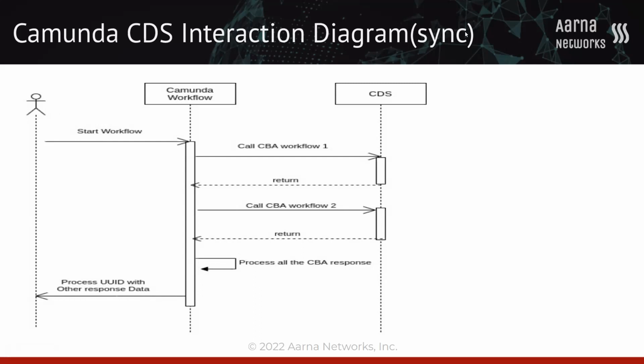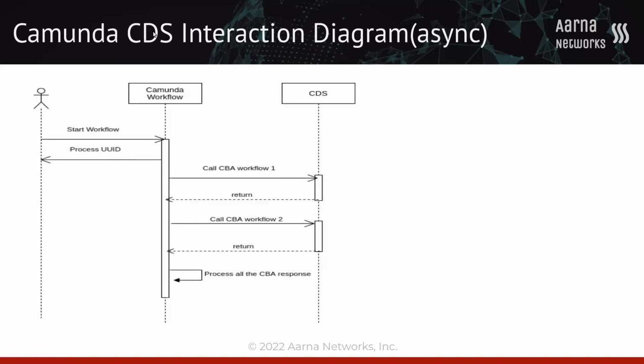In a synchronous format, the response should be in a standard format. In the response we can find that UUID, and if you are returning back the response data, we can see it also. So this is synchronous, where the workflow will execute all the CBAs, process this, and only at the end will it send back the response to the caller.